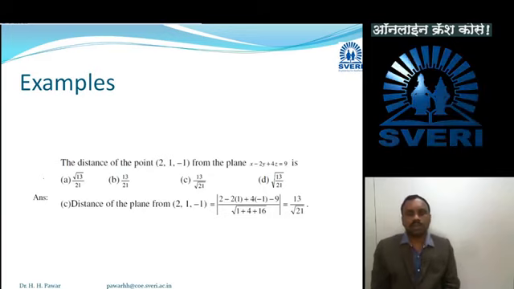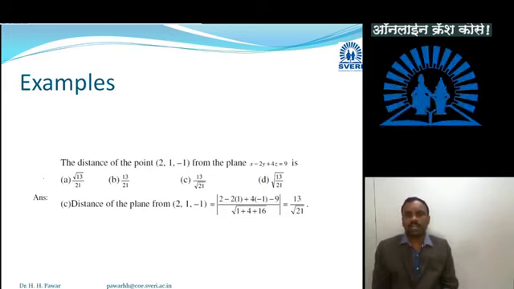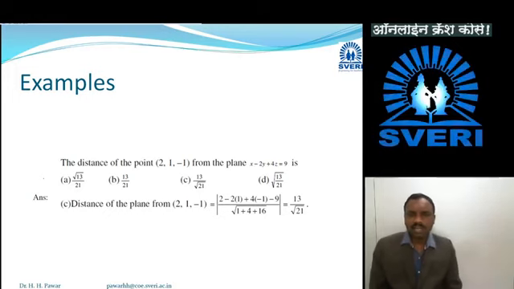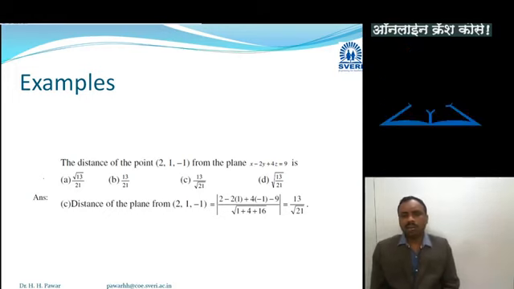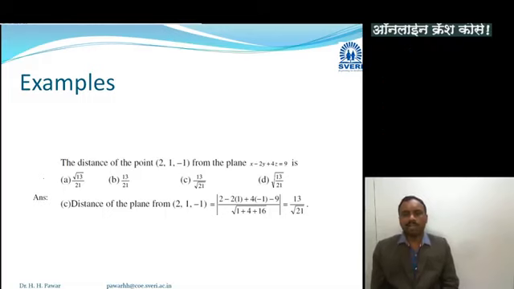Next, the distance of the point (2, 1, minus 1) from the plane x minus 2y plus 4z equal to 9 is. We know that the equation of the plane is ax plus by plus cz equal to d, or ax plus by plus cz minus d equal to 0. So here a is equal to 1, b is equal to minus 2, c equal to 4 in this case, and the point is also given.